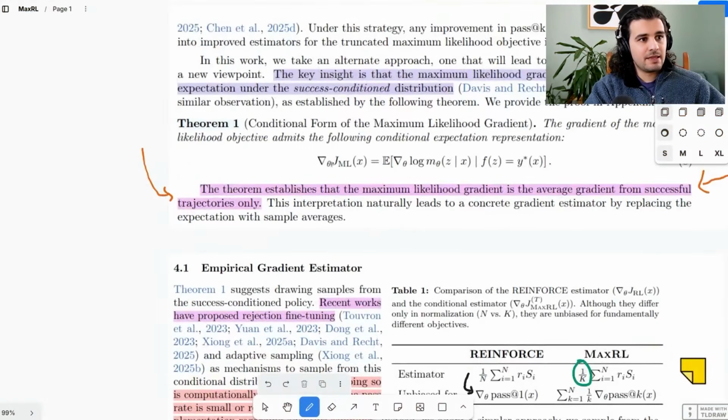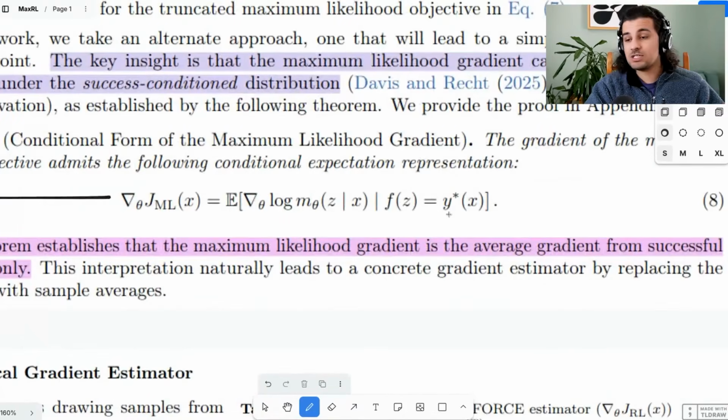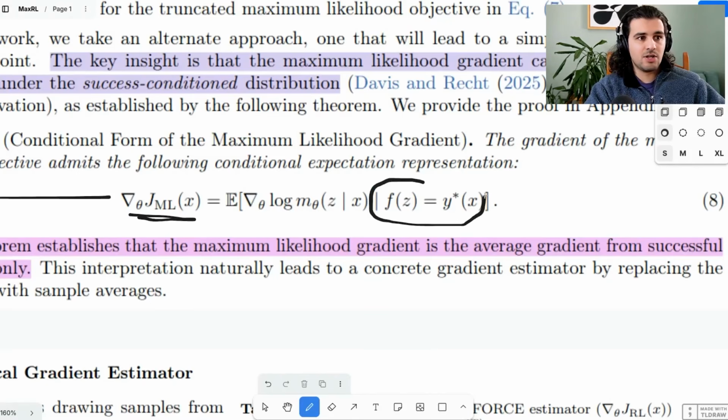So if we use this and we're somehow able to get just the correct answers, theoretically we can directly calculate this gradient easily. It's not difficult. The gradient of the log is not complicated to calculate, and then we just need to do that on the positive ones.